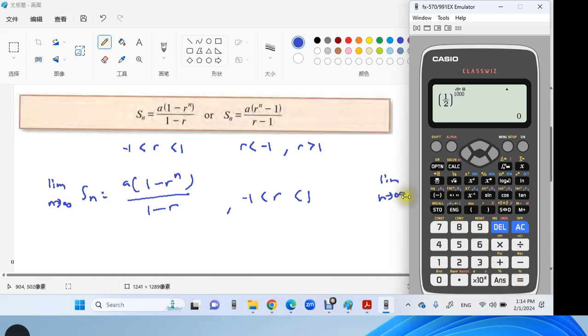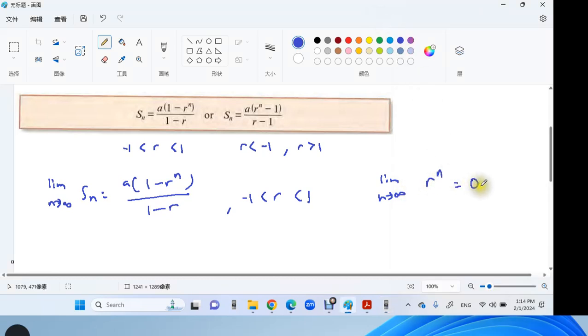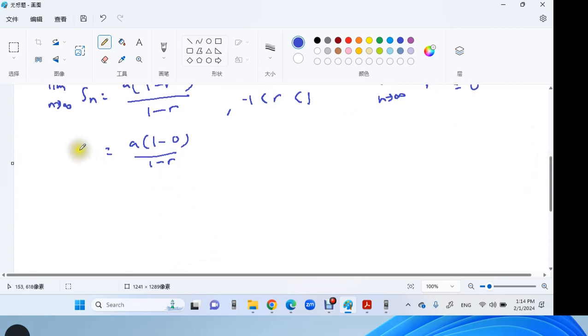So when n goes to infinity, r to the power n will become 0 if r is between -1 and 1. So this will become a(1 minus 0) over 1 minus r. So S infinity will be a over 1 minus r.